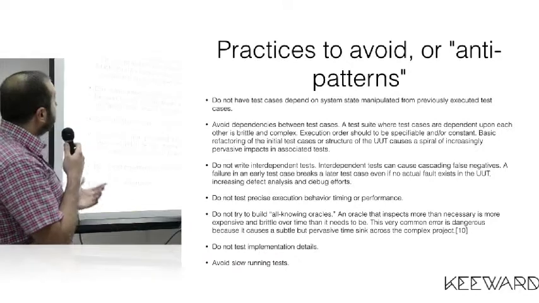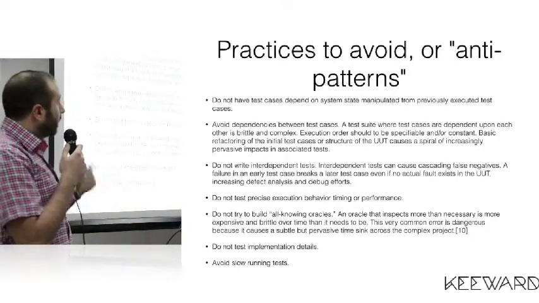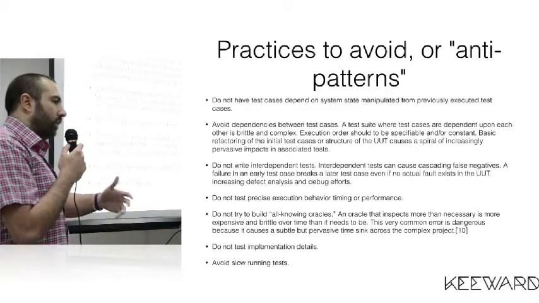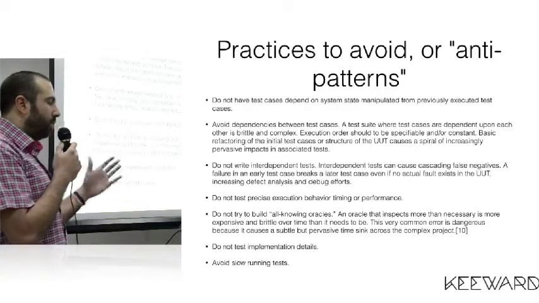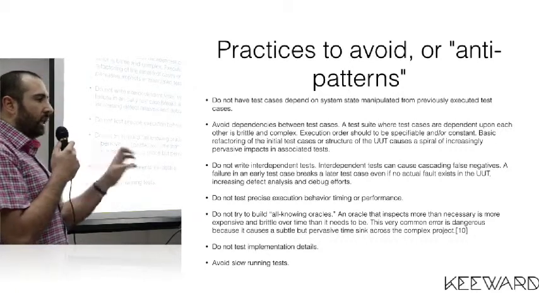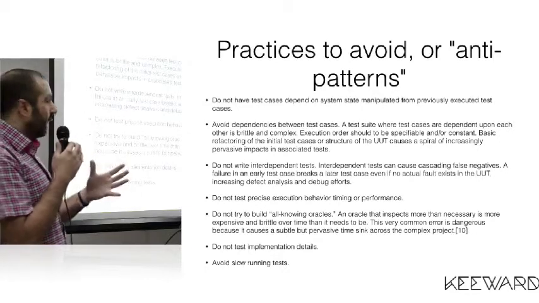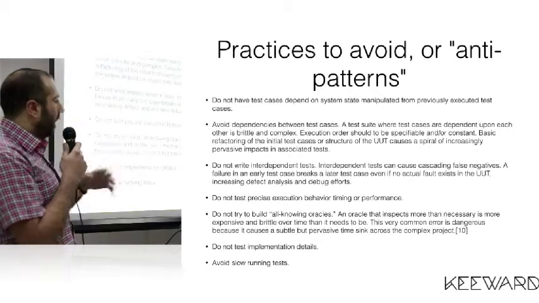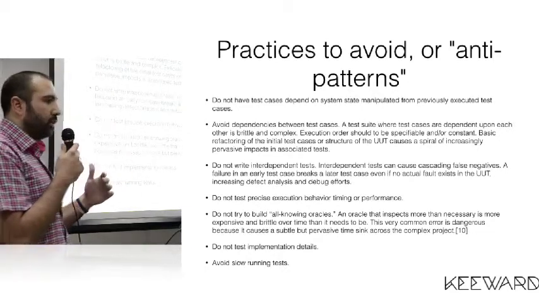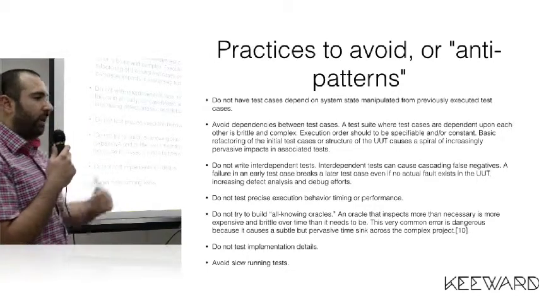Things to avoid: basically, do not write tests that depend on the system. Do not write dependent tests, things that depend on previous states, right? So your tests should be independent, self-contained. Avoid dependencies between tests because obviously you don't want a failure in a previous test to affect your test.